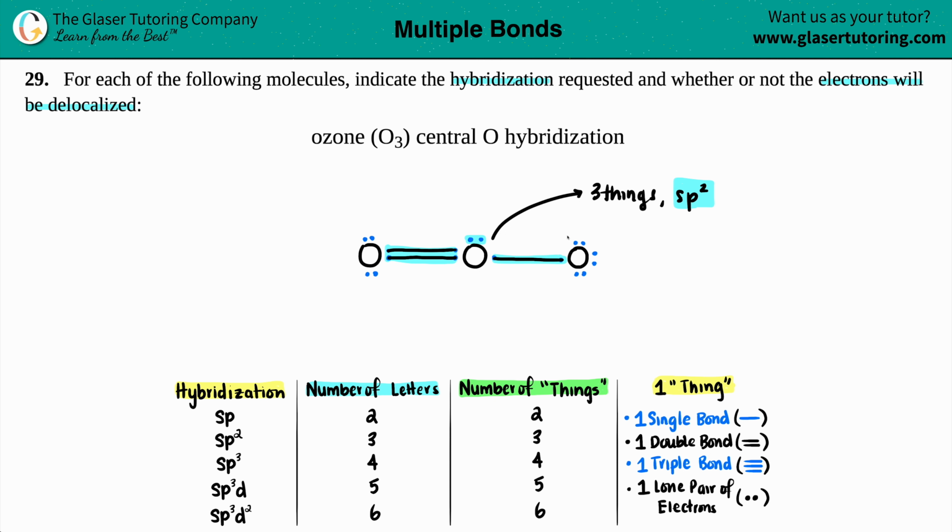So in this example, if I take away this coloring, we put the double bond on this side. Can I take this double bond and move it over here and put the single bond over here? Absolutely. And then this one lone pair goes over here.